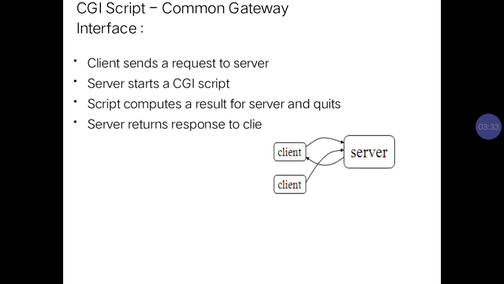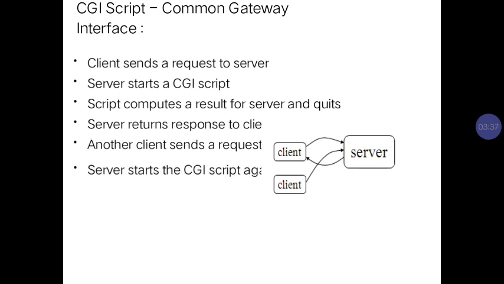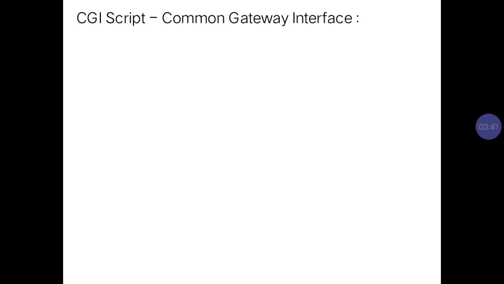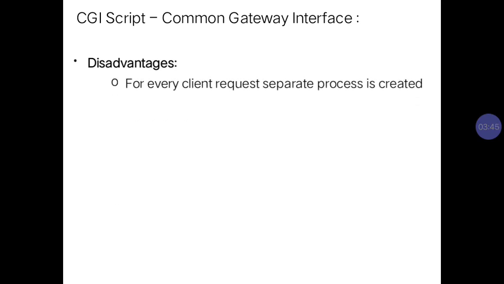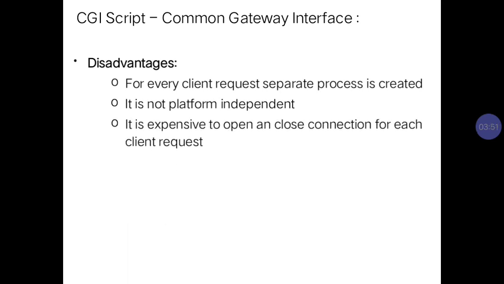The server returns the response to the client, and another client sends a request. The server again starts the CGI script. This is how CGI works. It has some disadvantages. For every client request, a separate process is created. It is not platform independent, and it is expensive to open and close a connection for each client request.